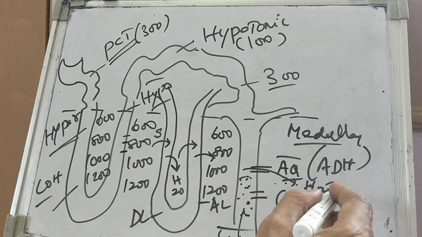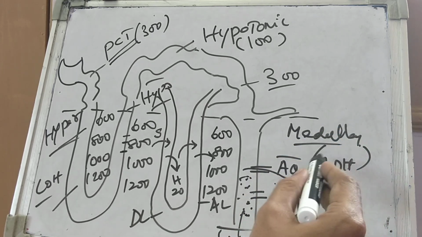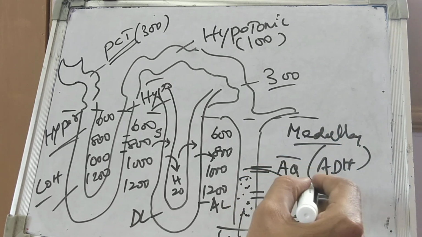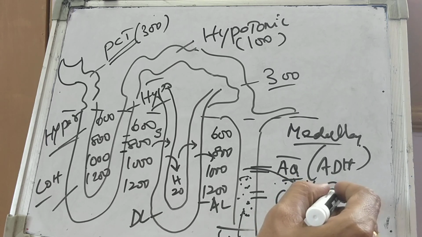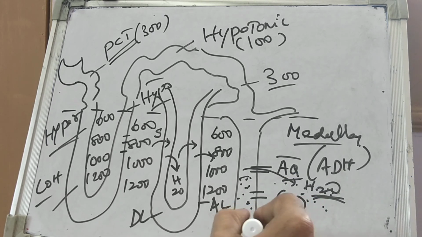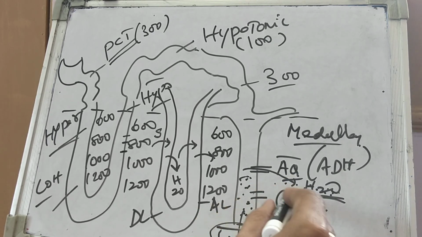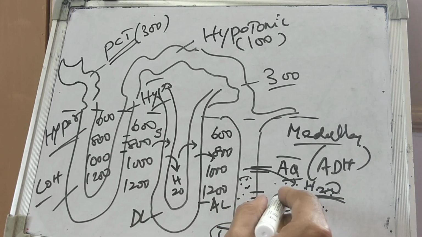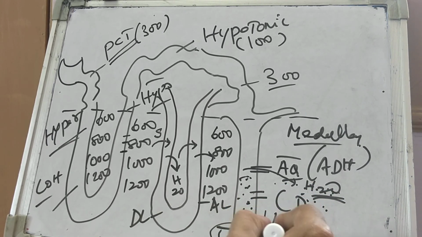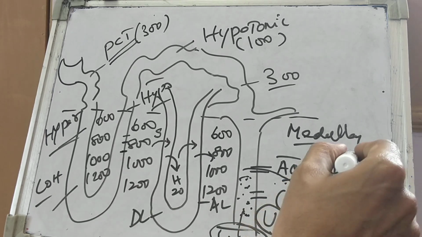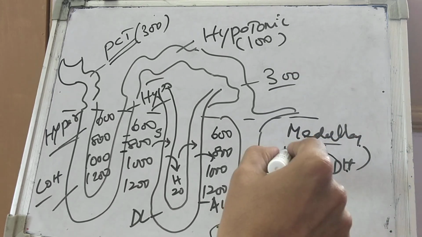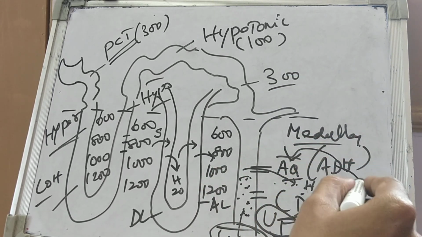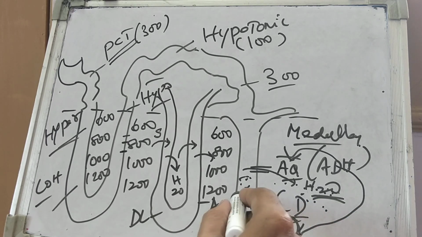So one is the ADH influence that causes the water movement into the high osmolar medullary interstitium. The other one is the urea which is moving into the medullary interstitium. This movement of urea is done by the urea transporter. The urea transporters are acted upon by the ADH. So ADH acts on the aquaporins causing movement of water. ADH also acts on the urea transporter causing movement of urea.